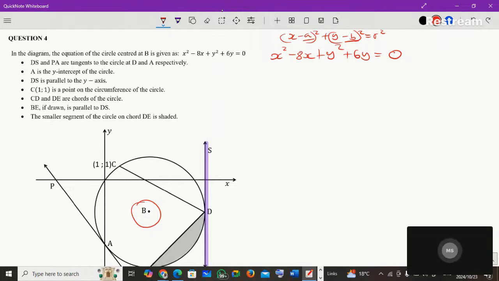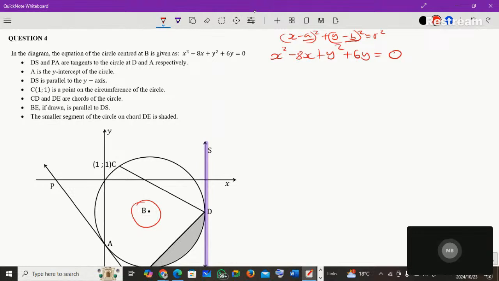So let's go on to complete the square. First we check if there's a constant on the left hand side, we will transpose it, but fortunately we don't have one, so we go straight to completing the square.